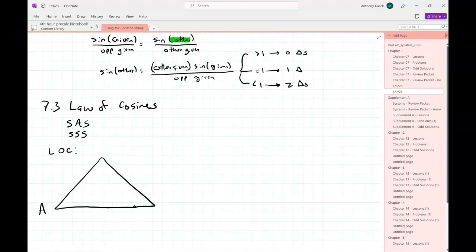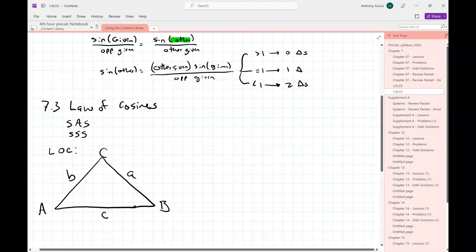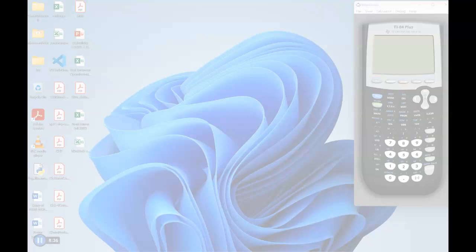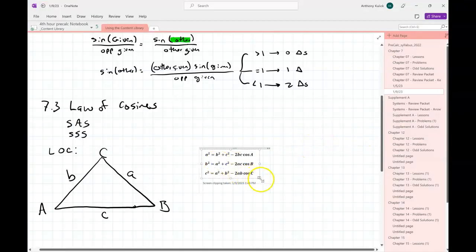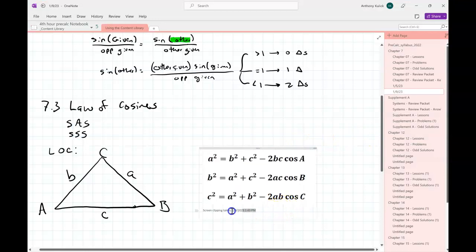So if we have any old triangle like this, we can write the law of cosines in 3 different ways.